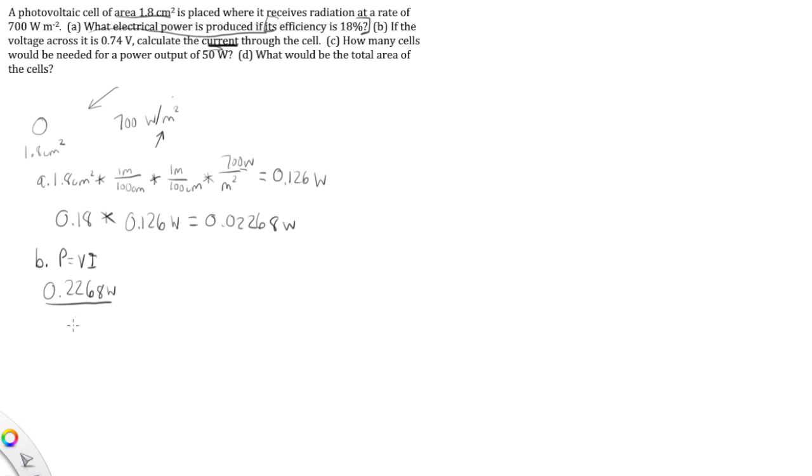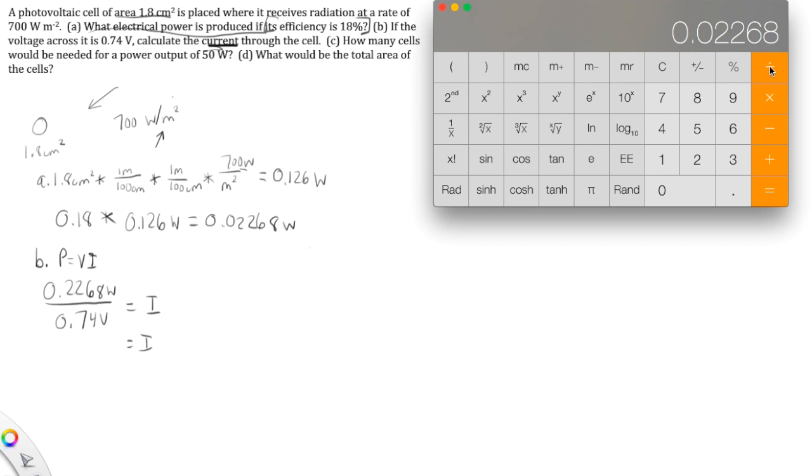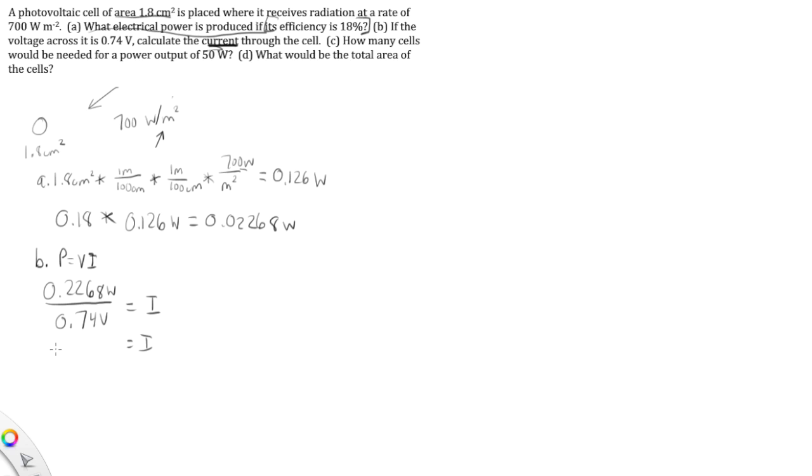The voltage is given, and it's 0.74 volts, and that's equal to I, which makes I equal to 0.0306 amps.